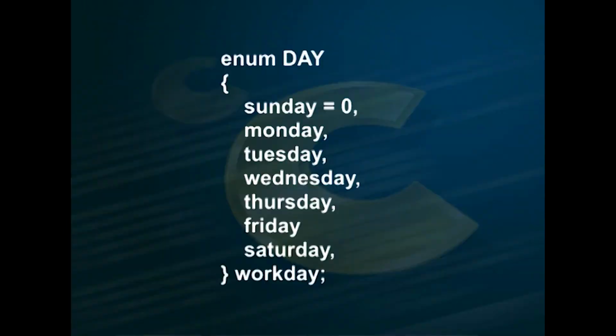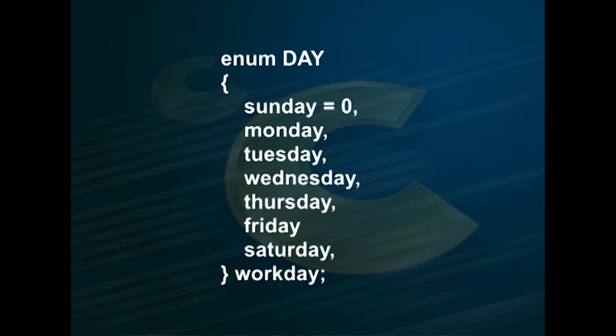These integers are called the enumeration set, enumerator constants or enumerators. A variable with enumeration type stores one of the values of the enumeration set defined by that type.